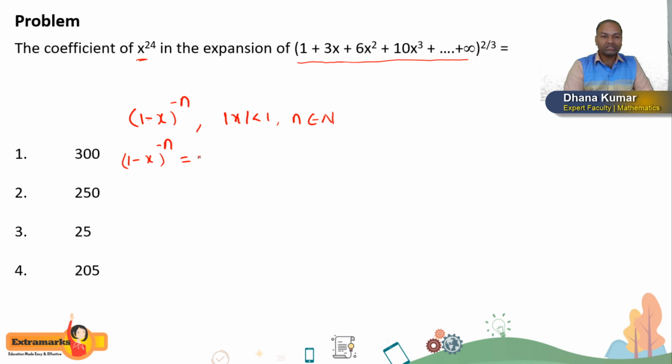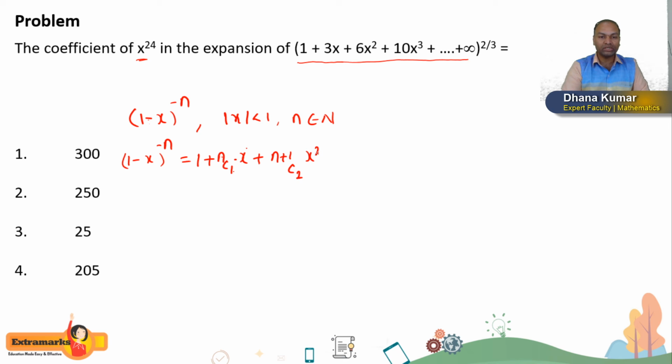That formula is 1 plus nc1 into x. First two terms only you remember. After that it is very easy. For the next term, just simply add 1 to the upper and lower suffix. So that is n plus 1 c2 x power 2, the x power value equals the lower suffix.